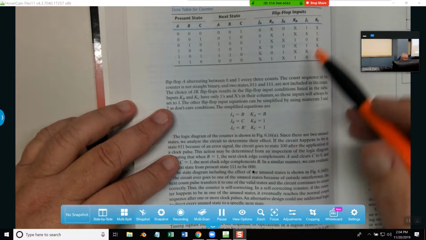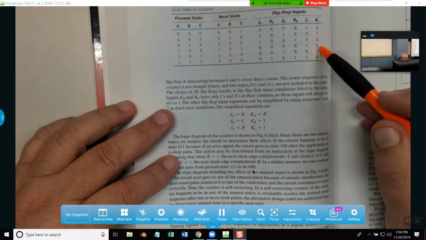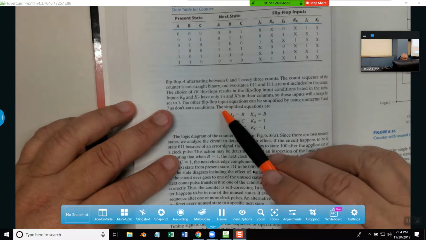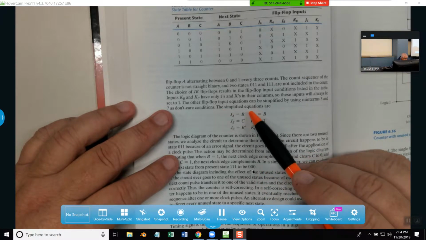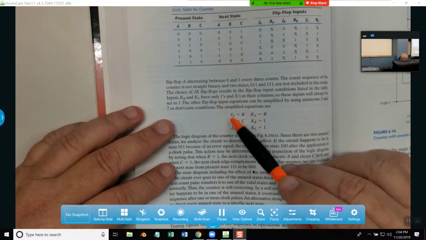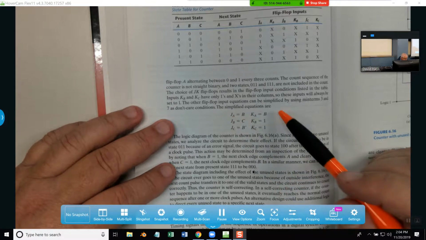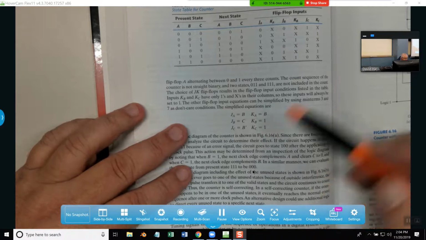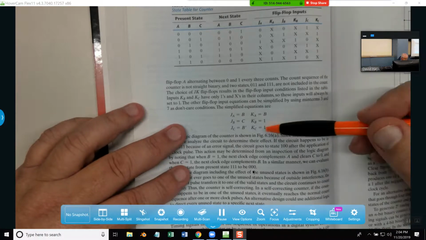So it's just as easy to make them all 1s. The other flip-flop equations can be simplified by using minterms 3 and 7 as don't care conditions, and the simplified equations are given here. K sub C is always equal to 1. K sub B is always equal to 1.